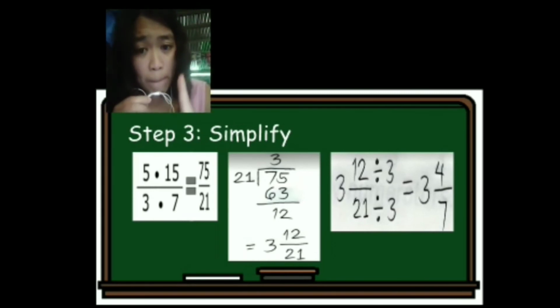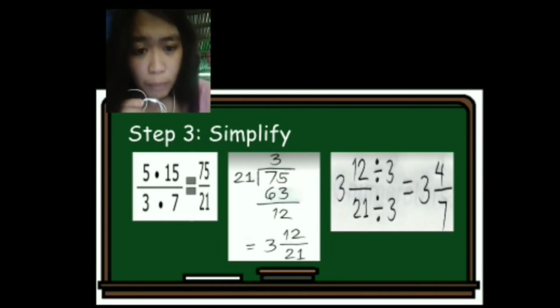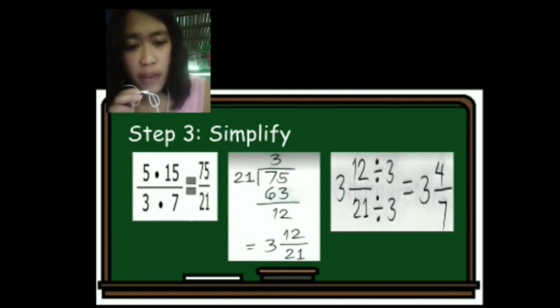But remember, that is a very big answer, so we need to reduce or simplify. We divide 75 by the denominator, which is 21. 75 divided by 21 is 3, with 3 times 21 being 63. 75 minus 63 is equal to 12.